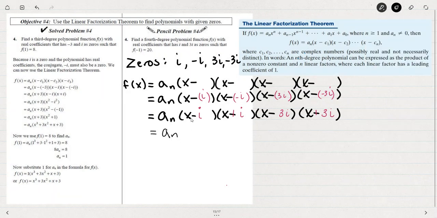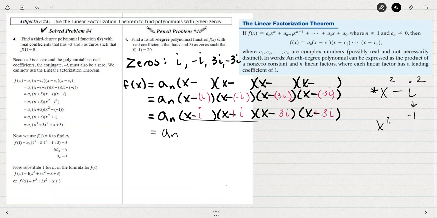So when I multiply x minus i and x plus i, because those are conjugates, I know that going backwards from the difference of squares, I'm going to get x squared minus i squared. The first term squared minus the second term squared. And i squared is -1.